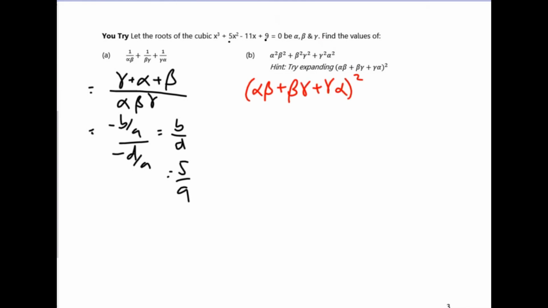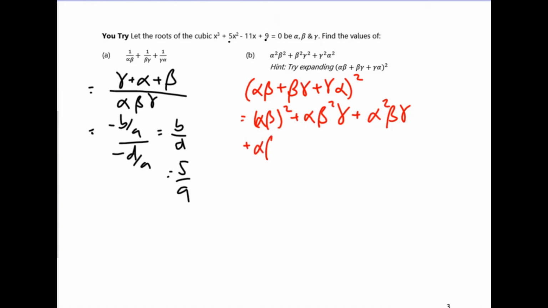So we're doing the sum of the product pairs squared. So alpha beta times all of these is alpha squared beta squared, then alpha beta squared gamma, and then alpha squared beta gamma. The next one, I times everything by beta gamma.